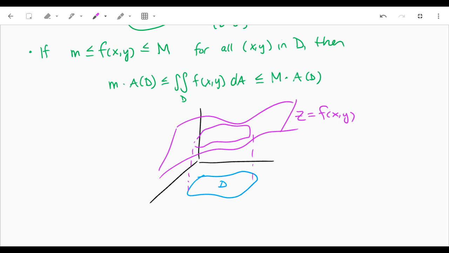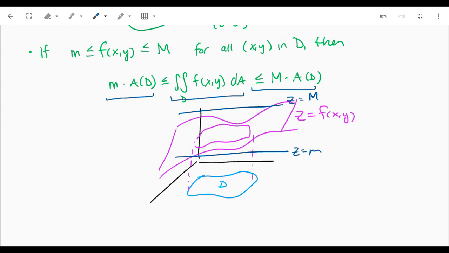We can show that if that function, that purple curved surface, is always between the plane z equals little m and z equals big M, then this should make sense, right? This volume and this volume would bound this volume.